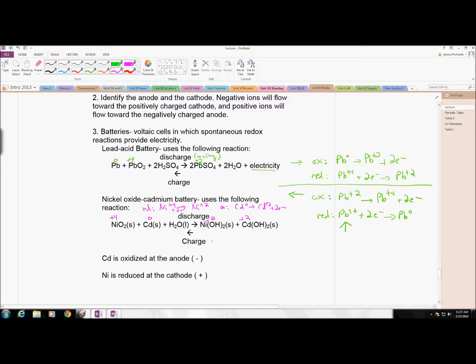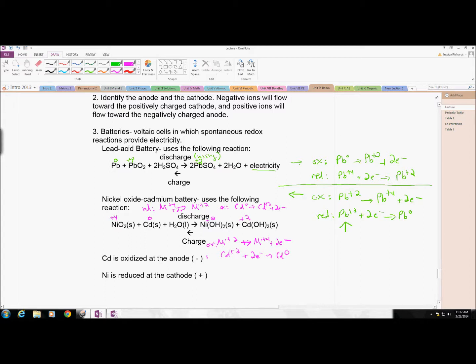Charge is going to be the opposite. That's just going to be the reverse of these. So in the charged state, your nickel +2 is going to turn into nickel +4 by losing 2 electrons, and your cadmium +2 is going to gain 2 electrons and turn back into cadmium 0.